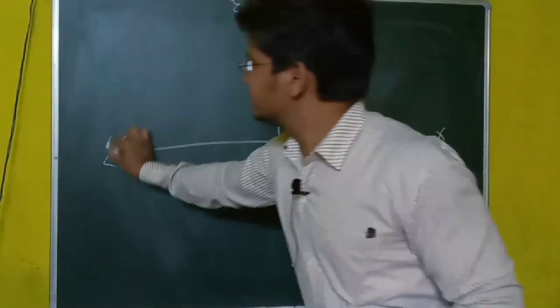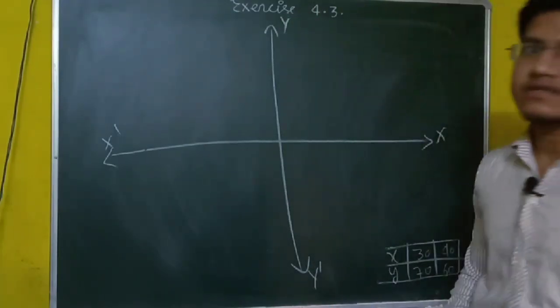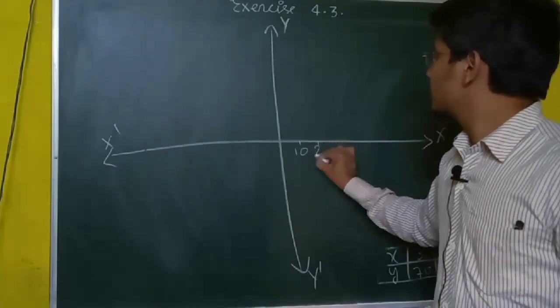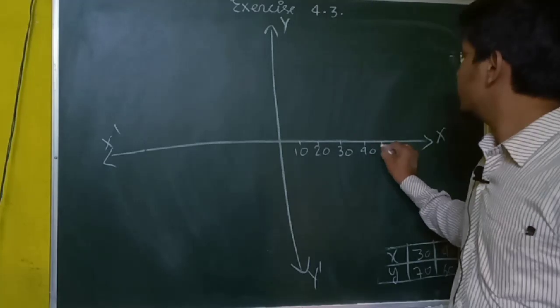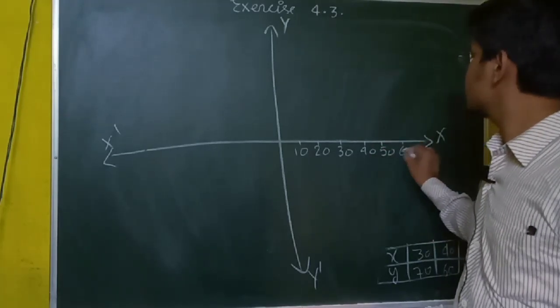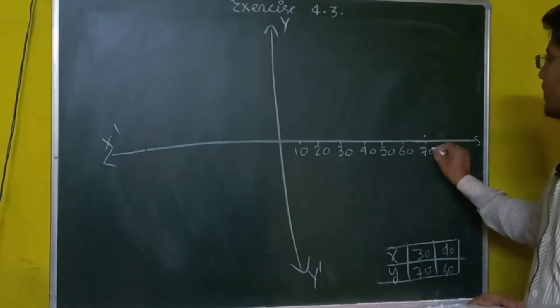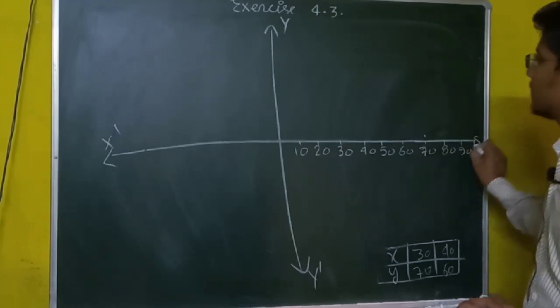X dash, y dash. 10, 20, 30, 40, 50, 60, 70, 80, 90 and 100.